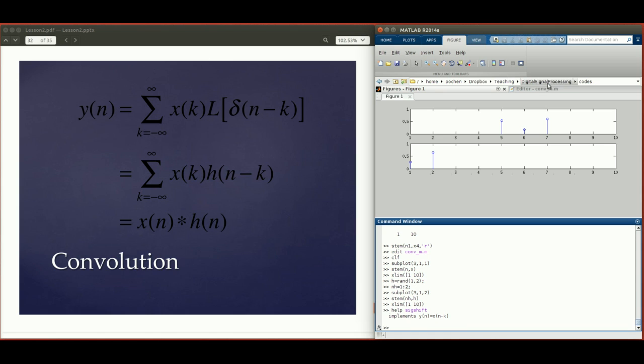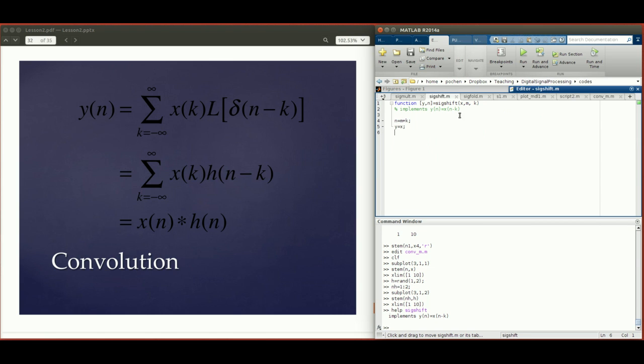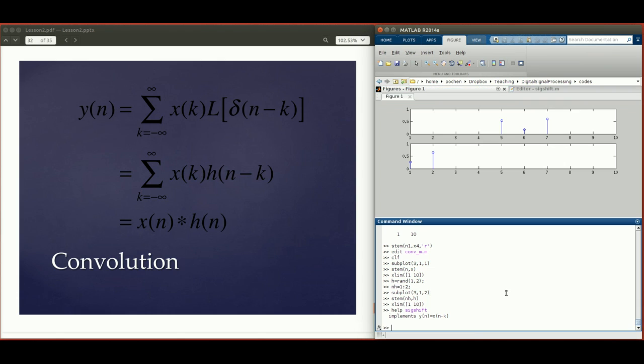I don't exactly remember how sig shift was written, so let me go back. The amount of shift is the last input. So this is the correct call, shifting the impulse response by 5.